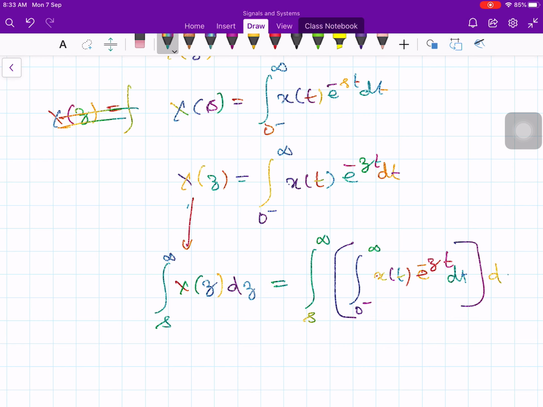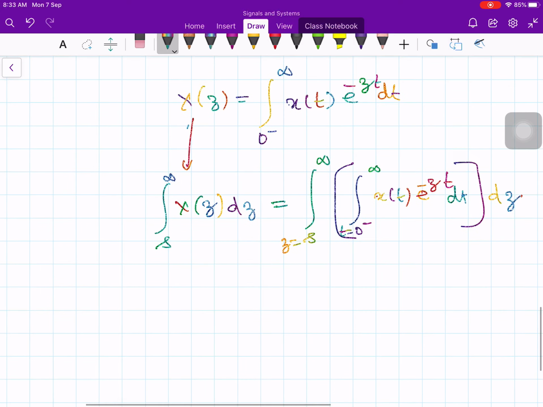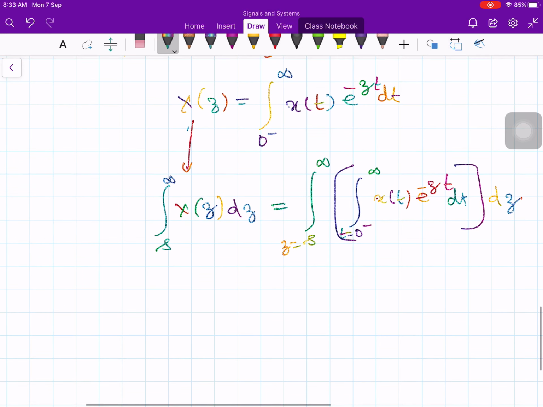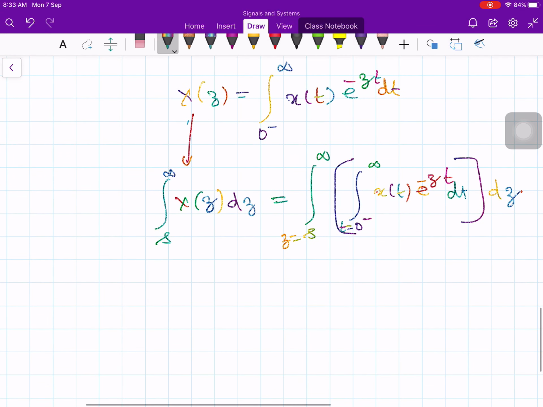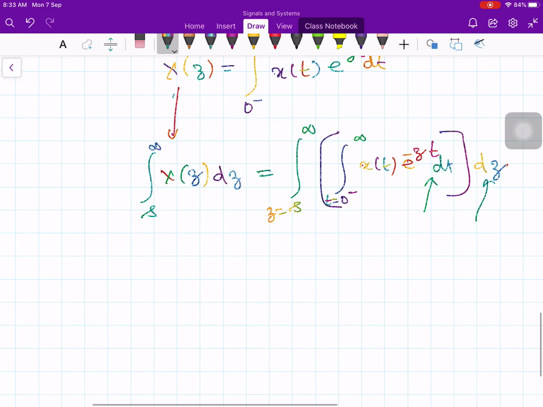Here the limit is t equals 0 onwards, and here z equals s. The first integration is with respect to t, the second integration is with reference to z. So you can reverse the order of integration. Whatever functions are independent of z, I will put in the first position.